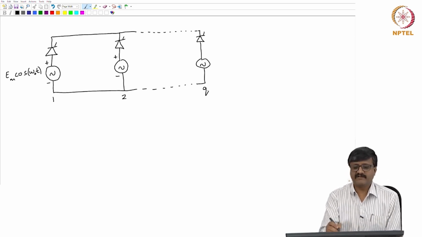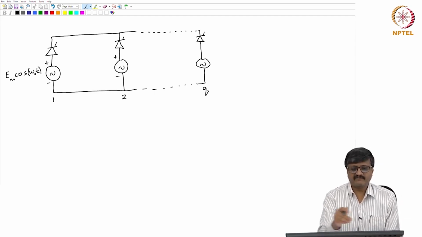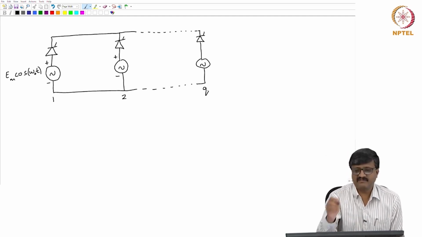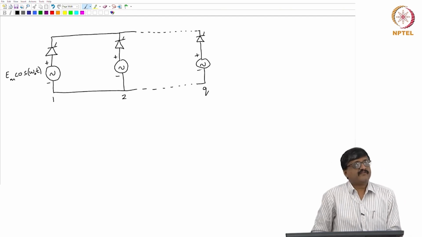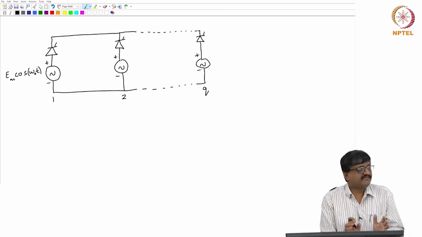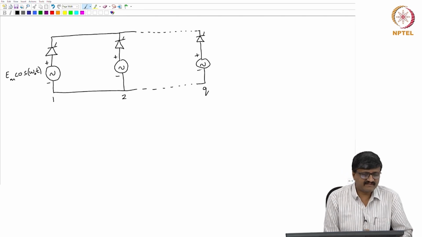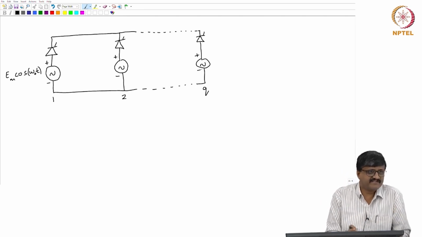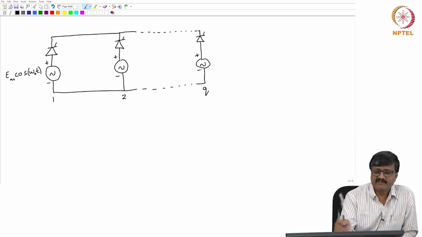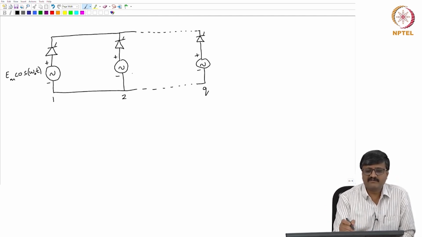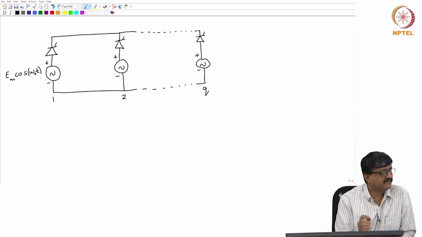Say I denote the positive integer which corresponds to the number of such circuits as q. So, for a general number of such identical circuits, see, they are identical except for the phase shift of the voltage. Okay. The peak values of the voltages are the same. So, the peak value of the 2 voltage sources shown here other than the first one is also Em.